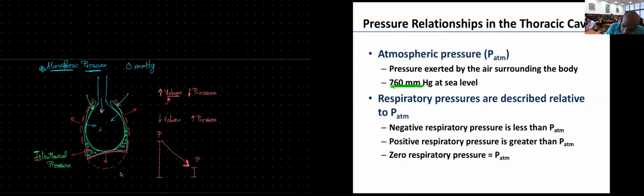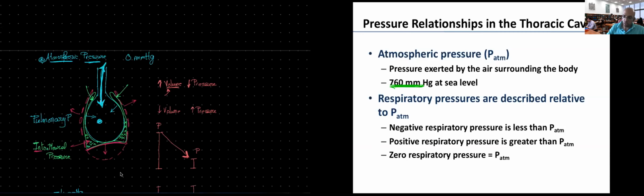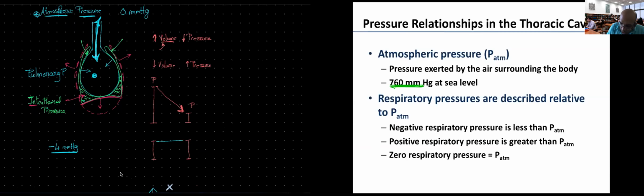Inside the lungs, I have a pulmonary pressure. And as you see here, the lungs are directly connected to the atmosphere. So air will always be moving in and out to do what? To equalize the pressure on both sides.